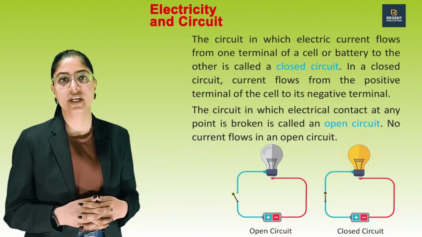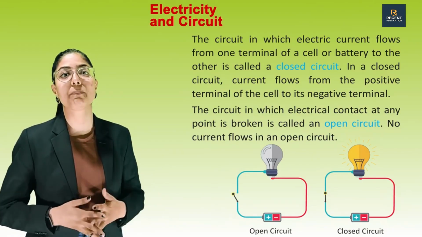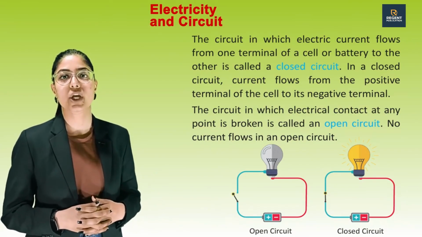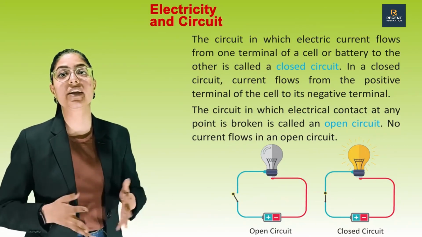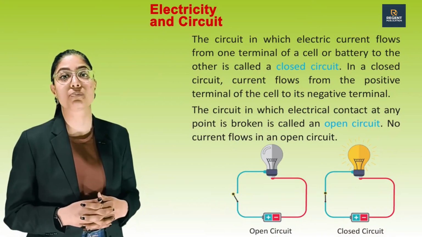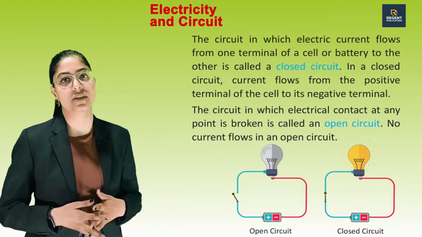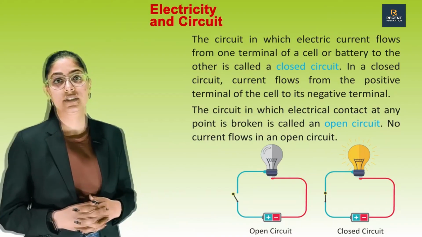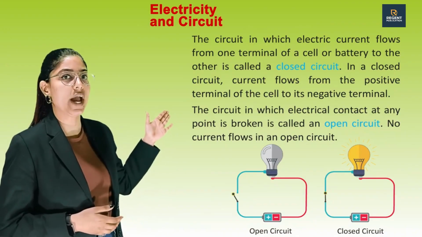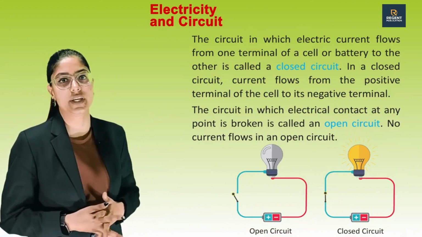In a closed circuit, current flows from the positive terminal of the cell to the negative terminal. The circuit in which electric contact at any point is broken is called an open circuit. No current flows in an open circuit. Here is a picture of an open circuit and a closed circuit.